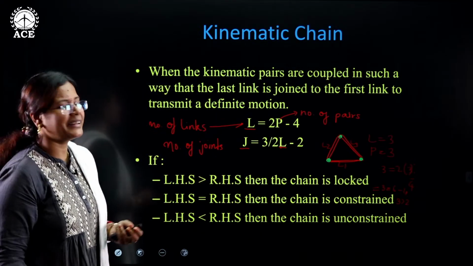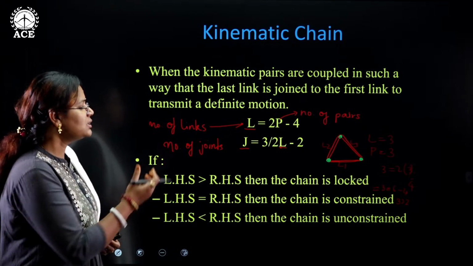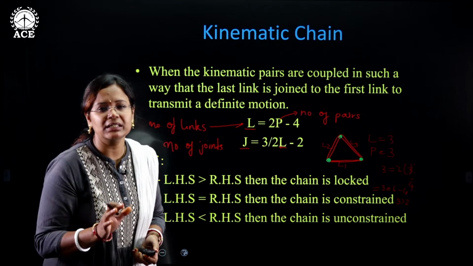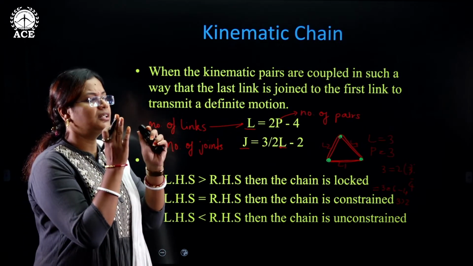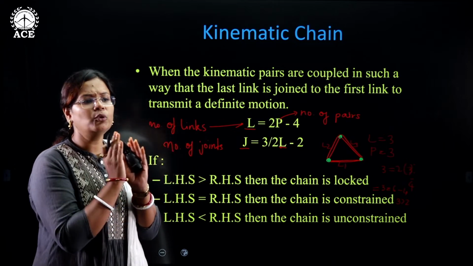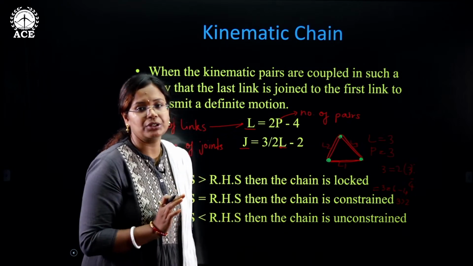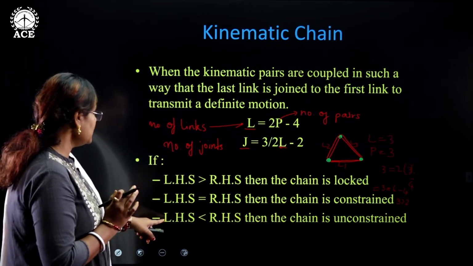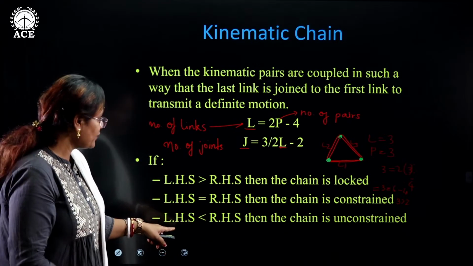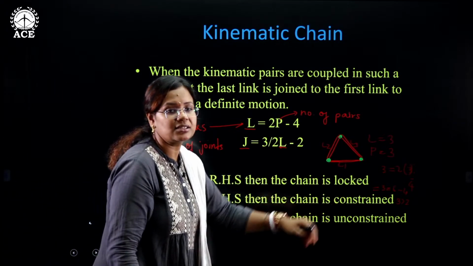Now coming to the constrained part, what do you mean by constrained? The literal meaning is when you have a chain or links moving in only one definite path, that comes under constrained motion. So let's see the third part also. If LHS is less than RHS, then the chain is unconstrained.